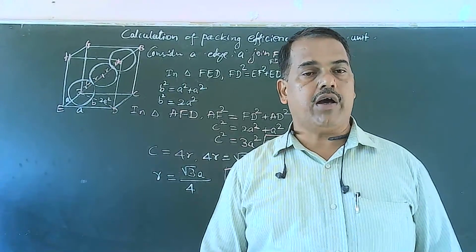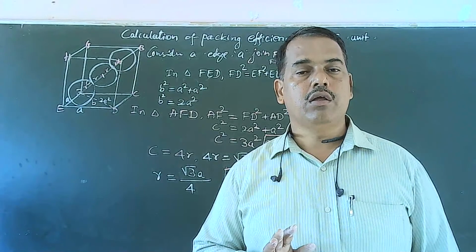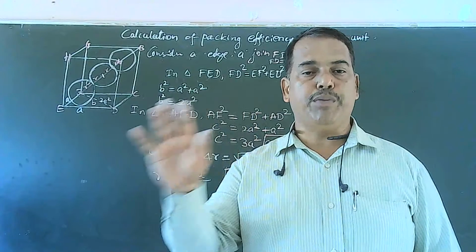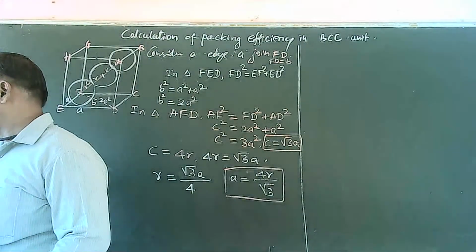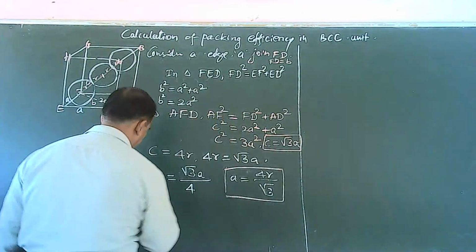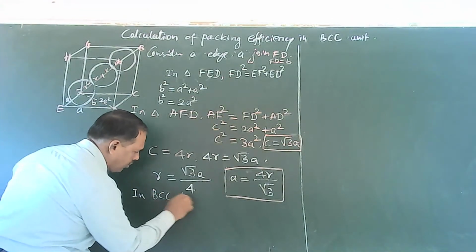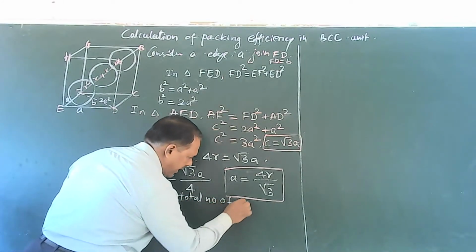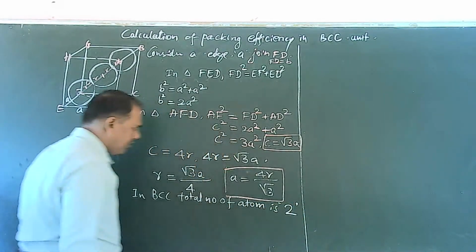Now, how many atoms or particles are there in BCC? You know, there are only how many? 2 particles. So therefore, the volume of 2 spheres we have to take. So next we have to write. The particles present in BCC, total number of atoms is 2.